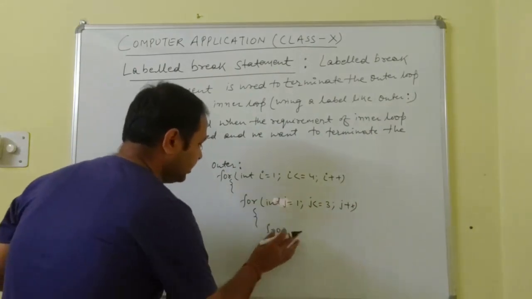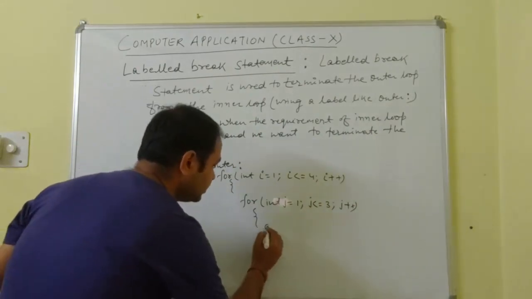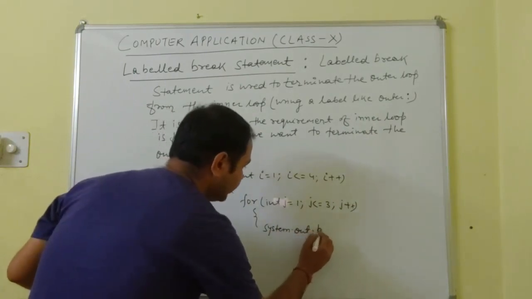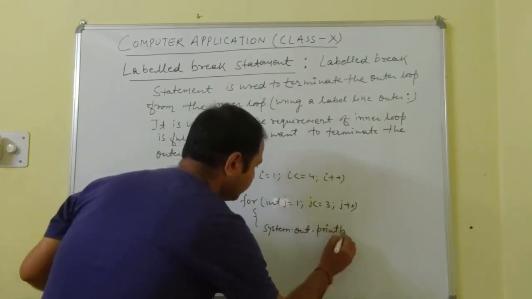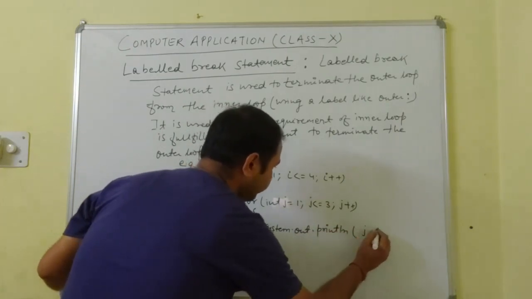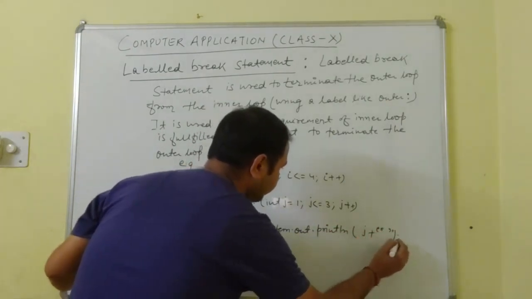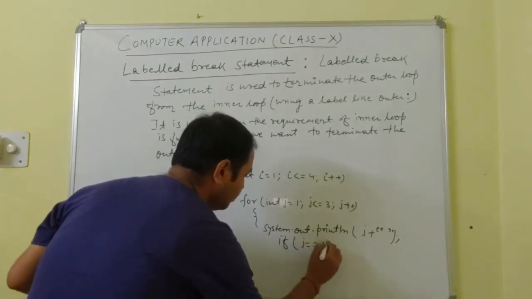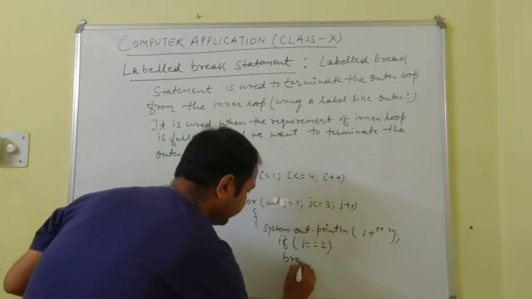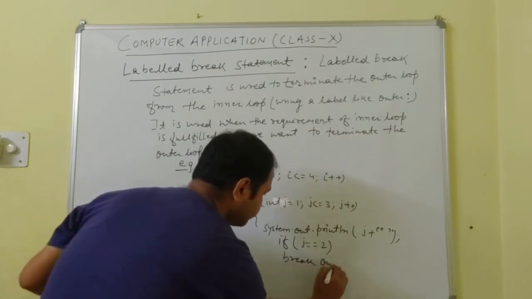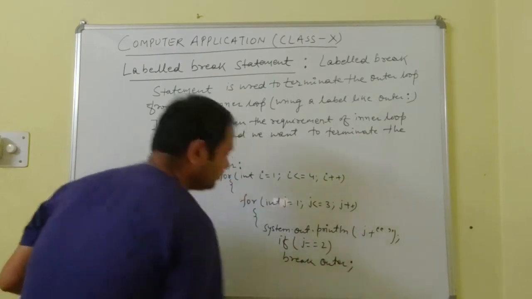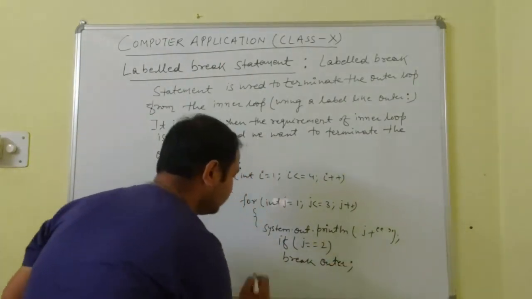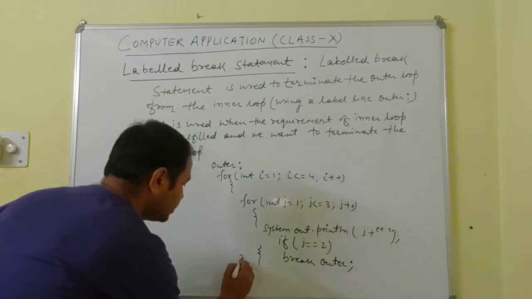System dot out dot println j. If j is equal to 2, break outer. Close the inner loop, close the outer loop.